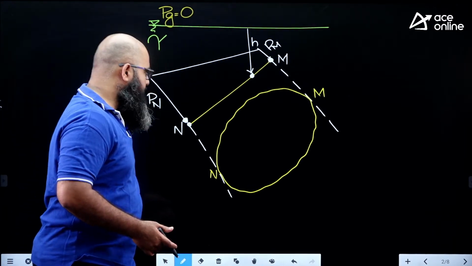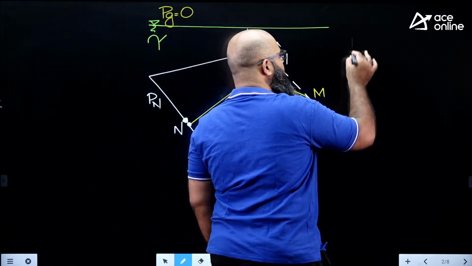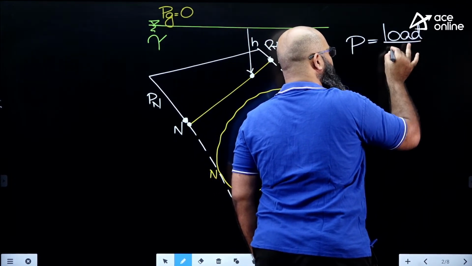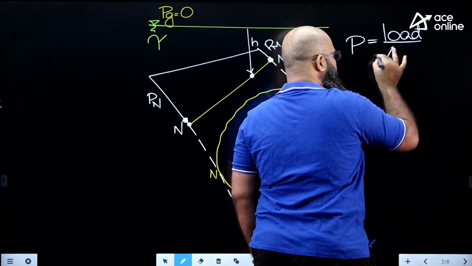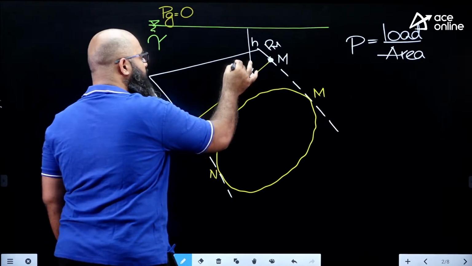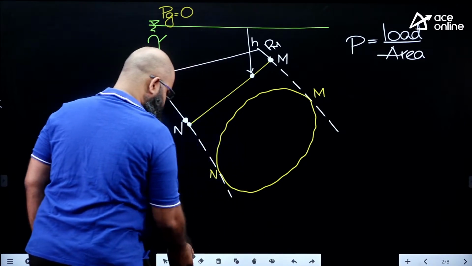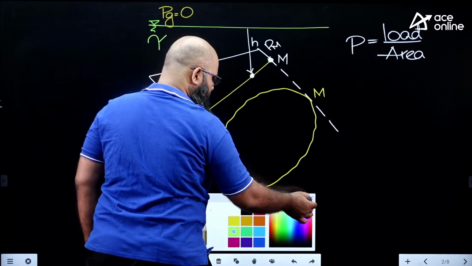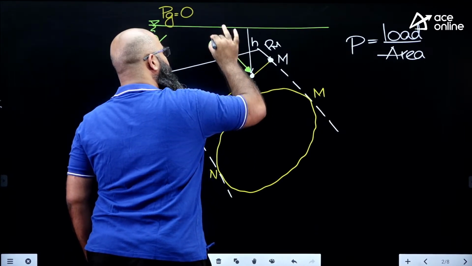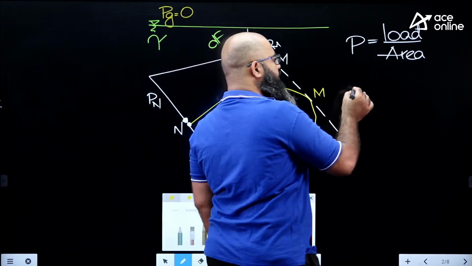Now let us come back over here. If I ask you the intensity of loading over here, P, you would say it is load per area. Previously W was load per length. This is load per unit area. Therefore, if I ask you what is the differential force acting, let us say over here, what would you answer?